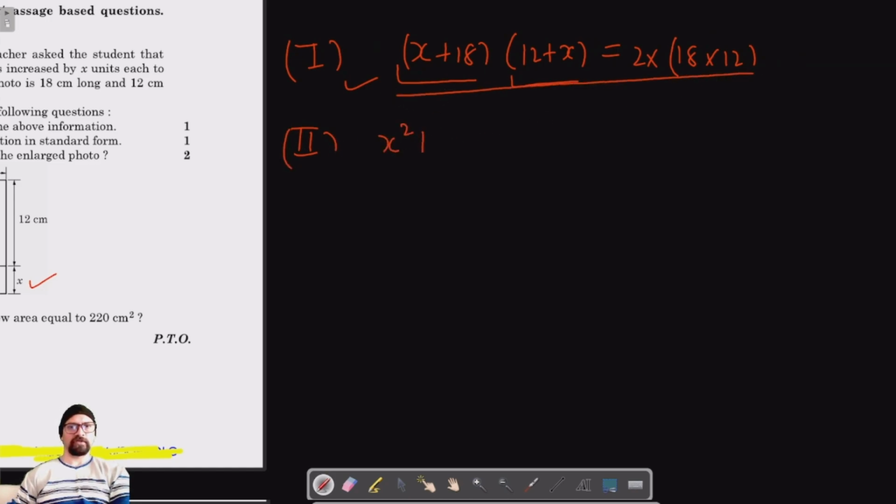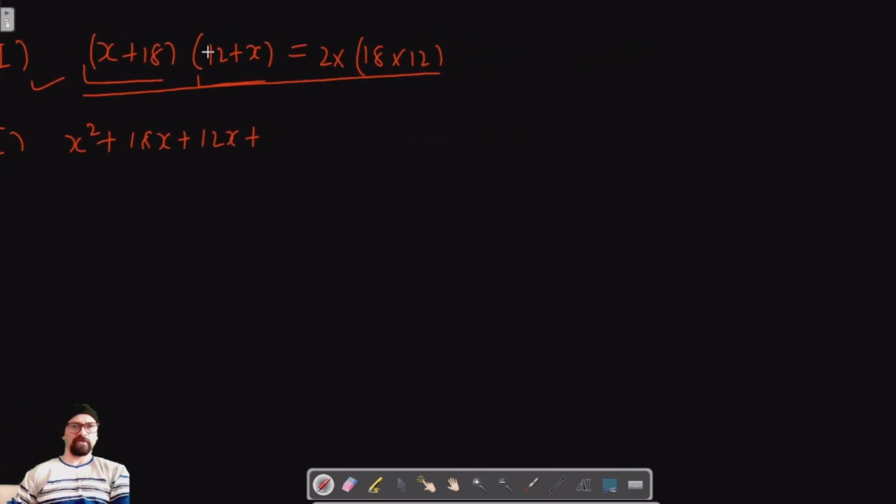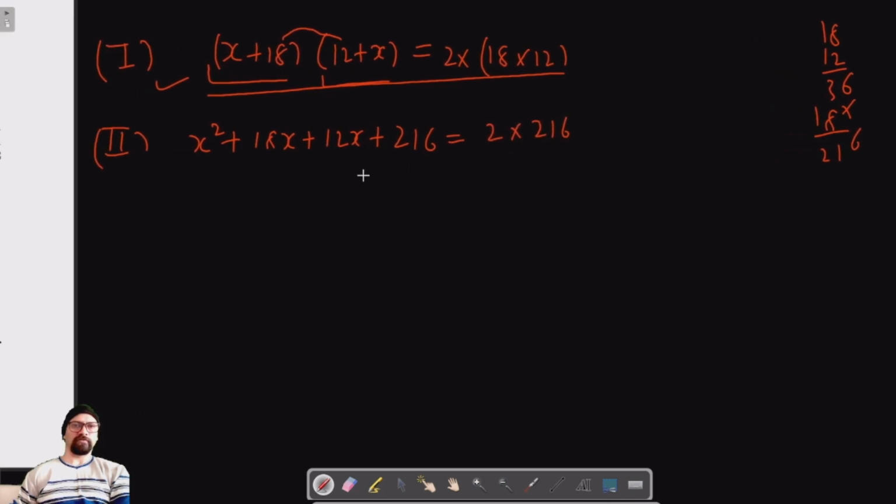So this is x squared plus 18x plus 12x plus 18 into 12. 18 into 12 is 216, and 2 into 216 is 432.